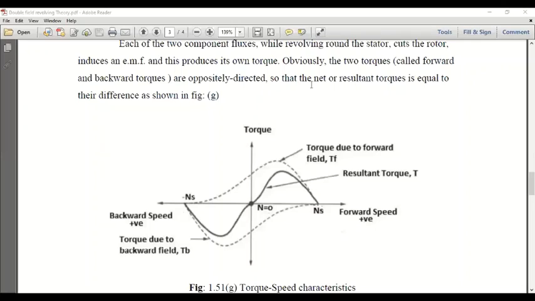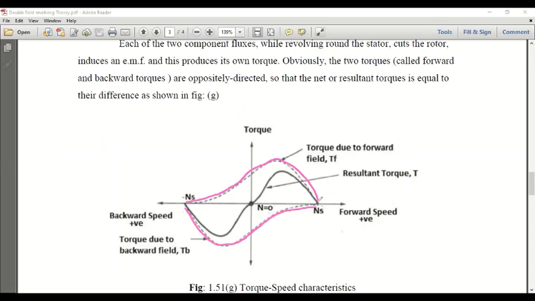Now I will show you how the net torque is 0 and how the torque is cancelled between forward field and backward field. You know the torque slip characteristics of a three-phase induction motor. This is the torque due to forward field and this is the torque due to backward field.